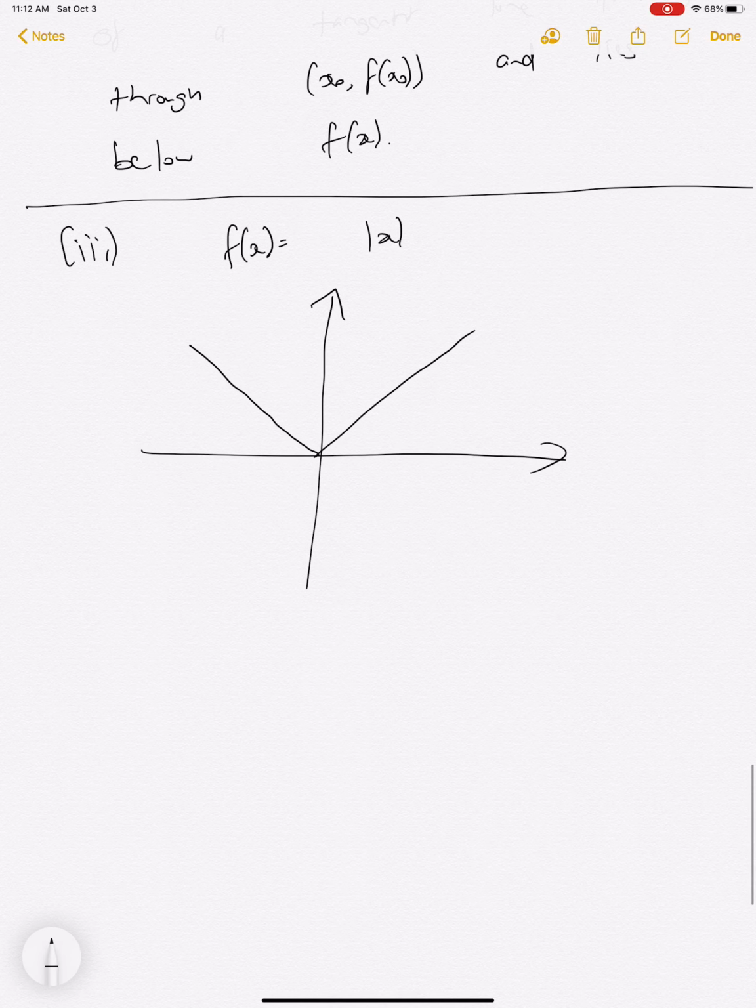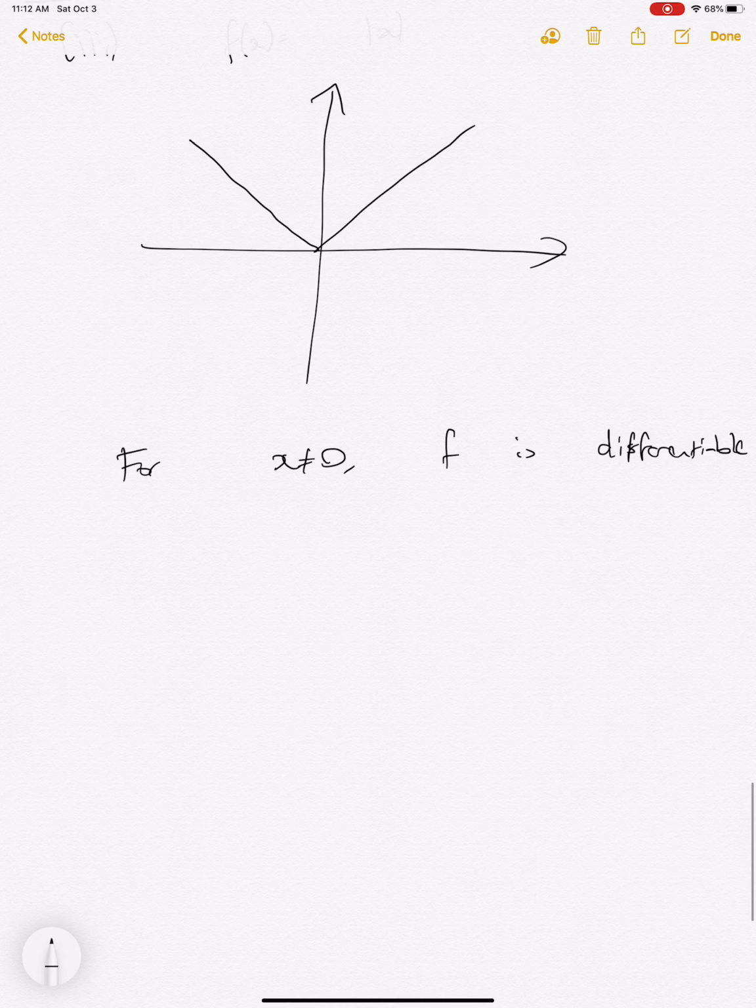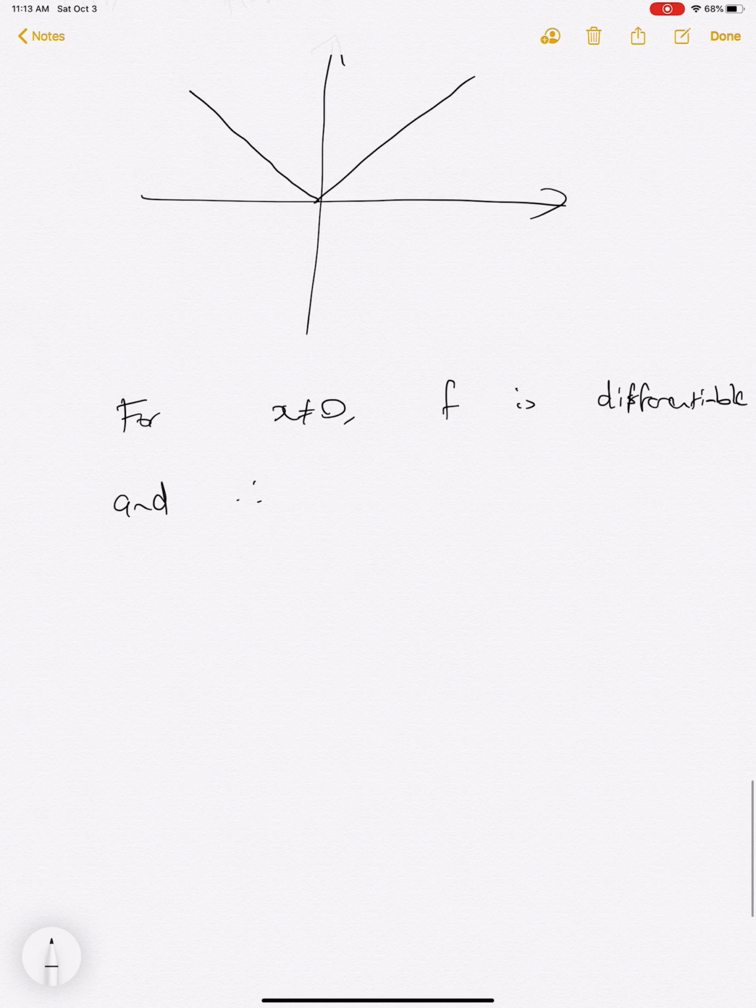For x not equal to 0, we clearly have that f is differentiable, and therefore C is equal to f prime of x0, which in this case is just the sign of x0. So C is unique.